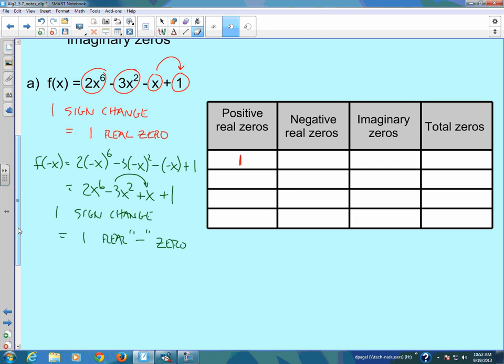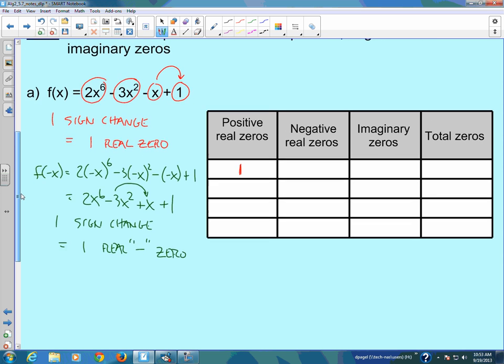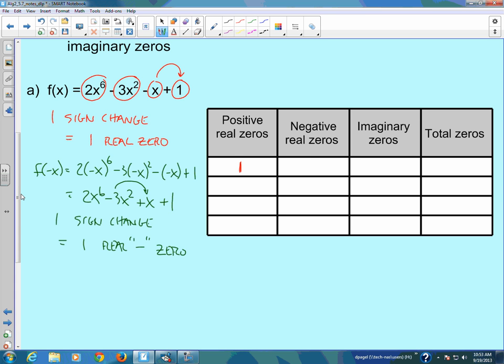So let's give all of our possibilities. You could have one positive zero and no negative zeros, and then because this was a 6th degree function, you could have 5 imaginary zeros for a total of 6. Or you could have no possible real zeros and have 6 negative zeros and no imaginaries for a possible of 6.